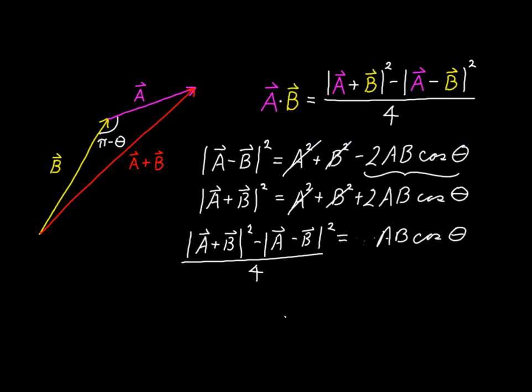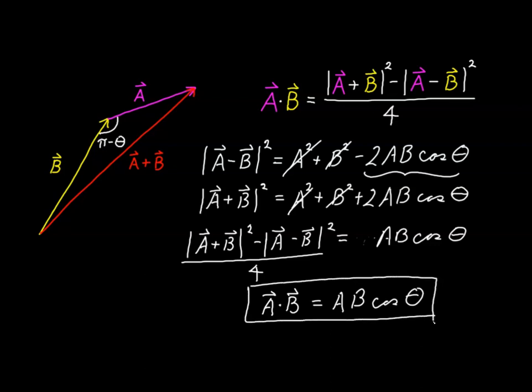So we're now down to the fact that the dot product of A dotted into B, according to our definition up top, is equal to this thing, which is simply A, B, cosine theta. And so we have derived the alternate definition for the dot product from our tensor calculus definition.